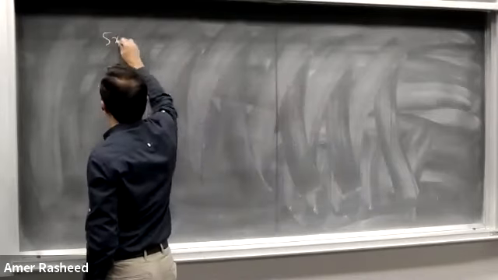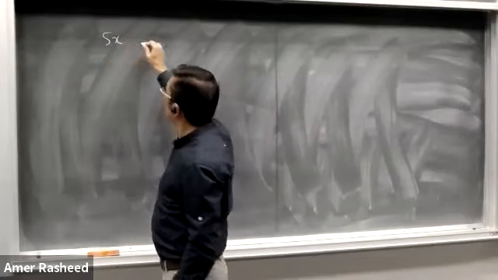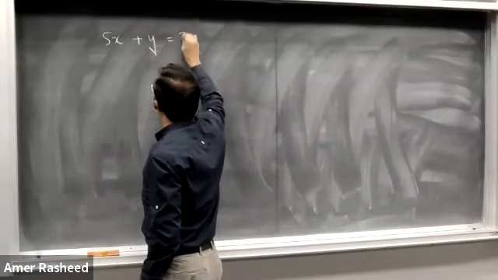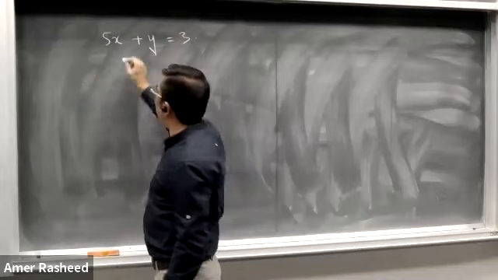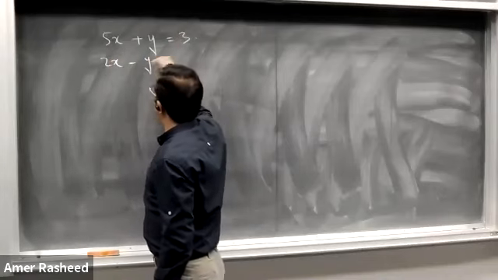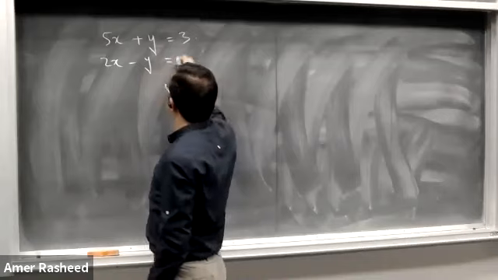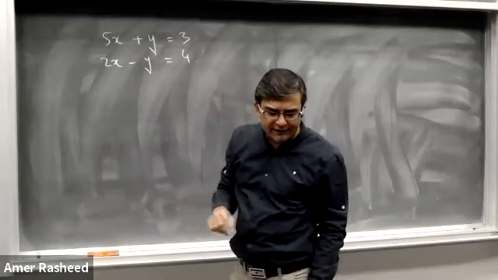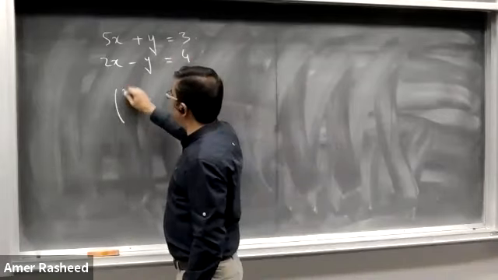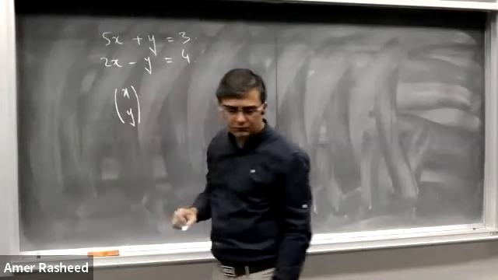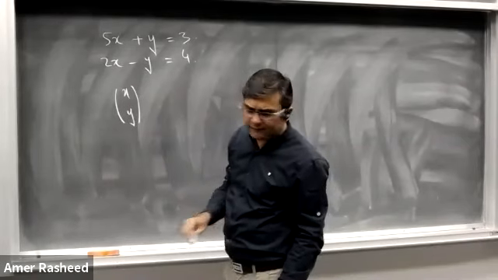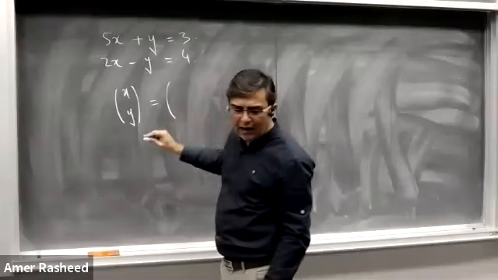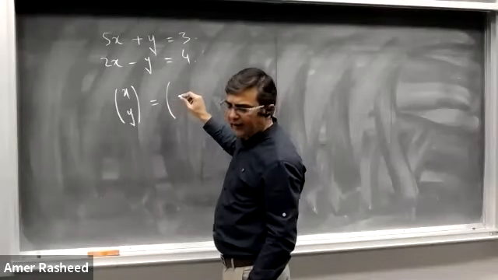Consider this one, 5x plus y is equal to 3. And the other one is 2x minus y is equal to 4. If we solve this linear system, the solution is x, y, and the values of x, y are 1 and minus 2.